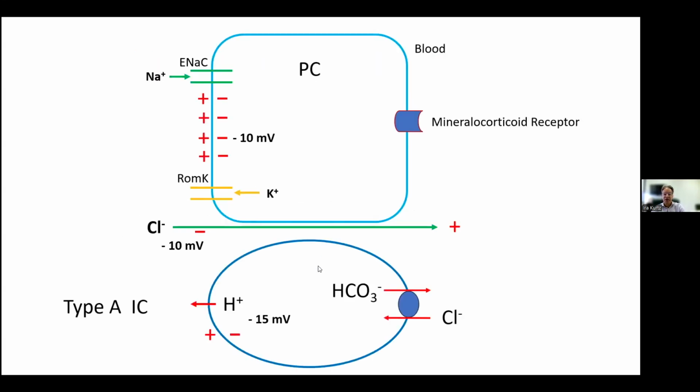So now we have another thing we've added to these cell models, and that is between the cells we have chloride moving. I'm not showing claudin 4, but it's in the tight junction here between these cells. And chloride moves against a concentration gradient.